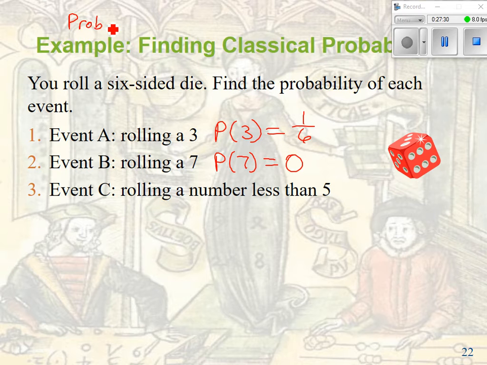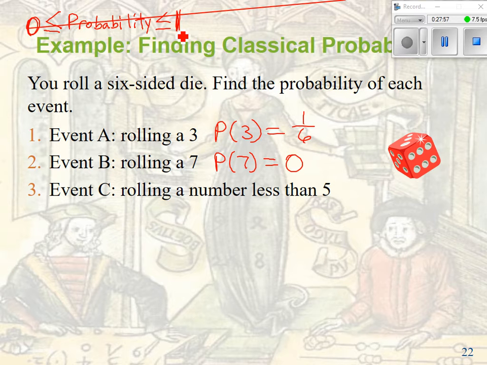Probability has to always be greater than or equal to 0 and less than or equal to 1. So whenever you have a probability, it's got to be from 0 to 1.